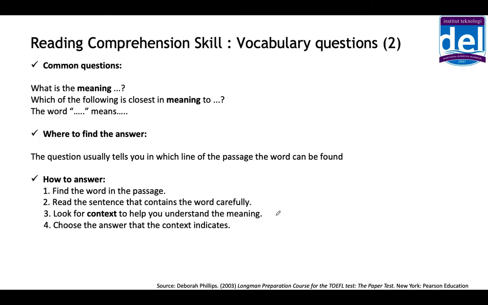What it means by context is that if we understand the topic of the text, we will find it easier to determine the meaning of the difficult word that is being asked. And also, context means the words that surround the difficult word that is being asked will help us understand its meaning. And the next step is we choose the answer that the context indicates.